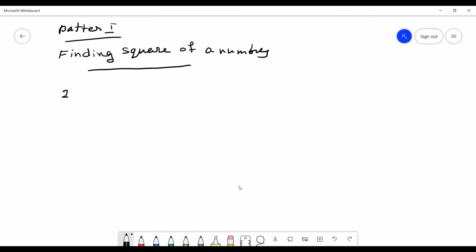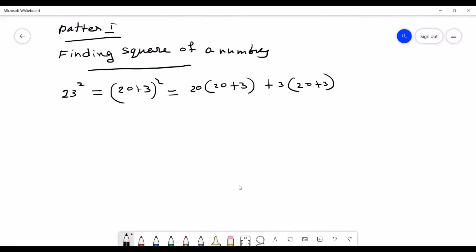Suppose I have to find the square of 23. How will I write 23? I will write it as (20 plus 3) square. So 23 square I can write as (20 plus 3) into (20 plus 3).